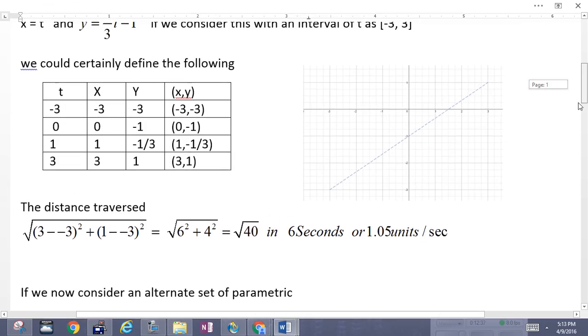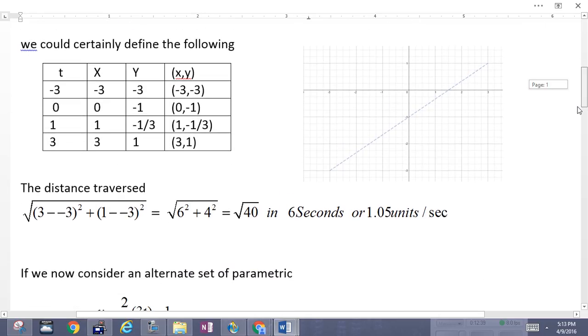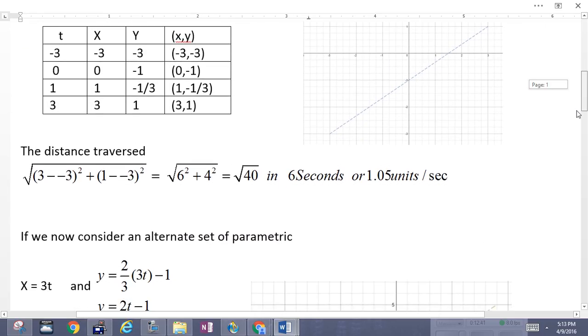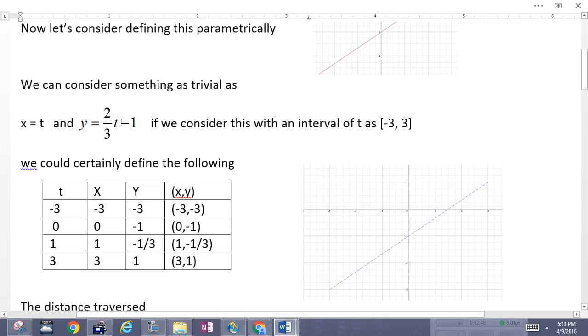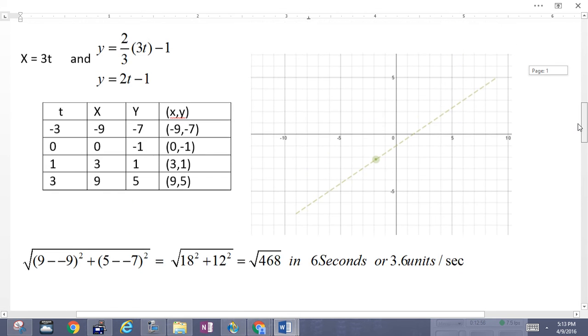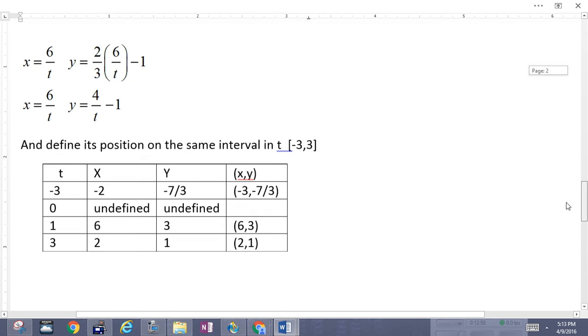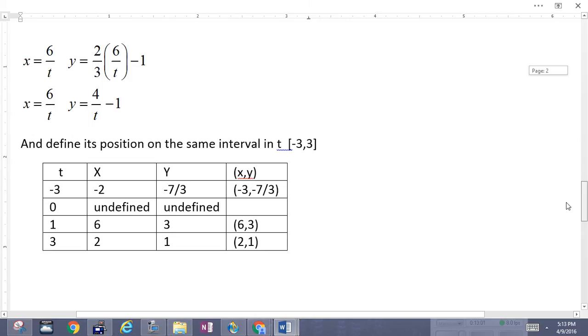So you really have to consider what would be the most definitive way to parse those parametrics. We could do it as we see here, in a very trivial sort of way, or we could do it with great impact on the speed and on the intervals in time where position is undefined at some point in time.